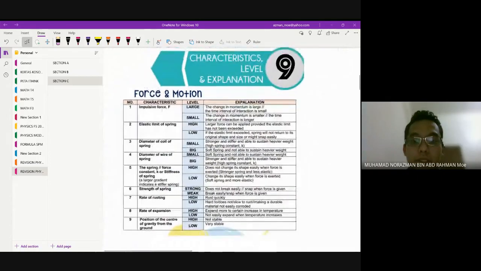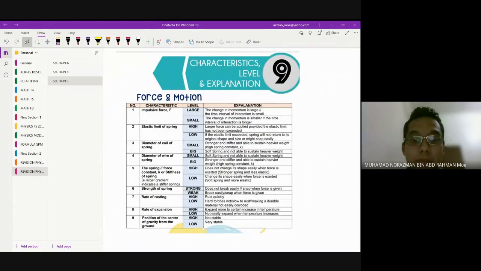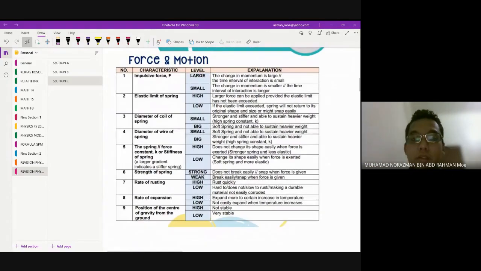Okay, this is example of characteristic and explanation. Okay, I will insert this note in your Google Classroom, so please check. Please check your Google Classroom. I will insert notes about how to answer section B and C.